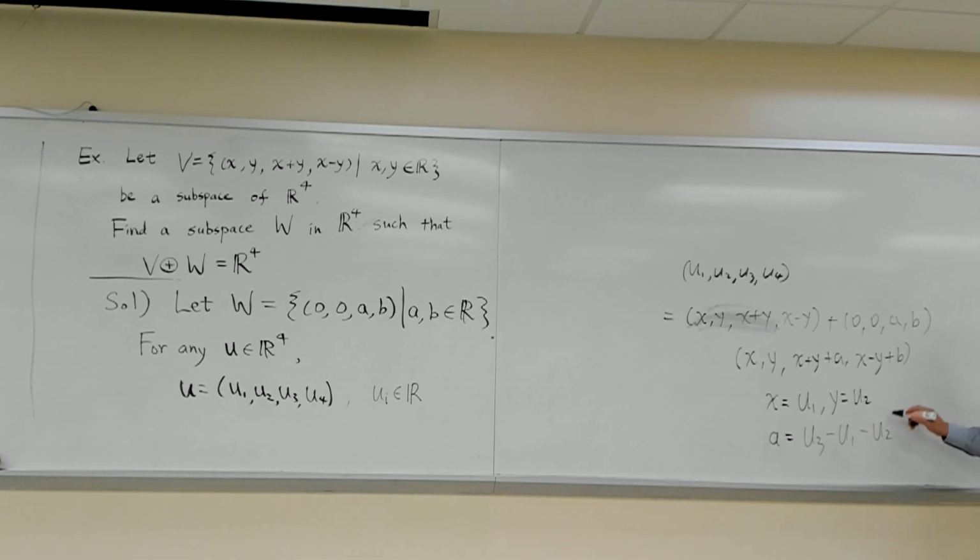And then b has to be, we want this to be this, right? Oh, that's not u3, it's u4. So b is u4 minus u1 plus u2. Okay.